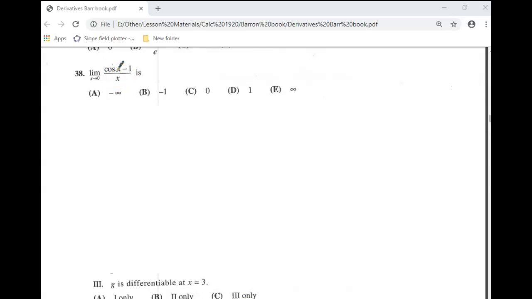Maybe this is the alternative form of the definition of a derivative. It is, actually. I just realized that. So all the last problems that we were looking at had this form. This one has this form instead.